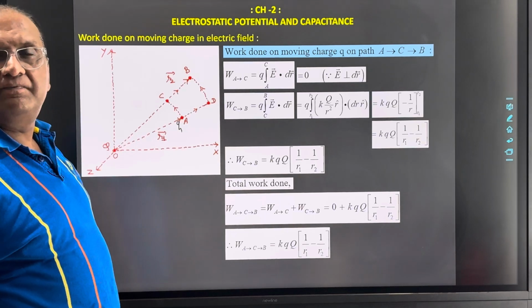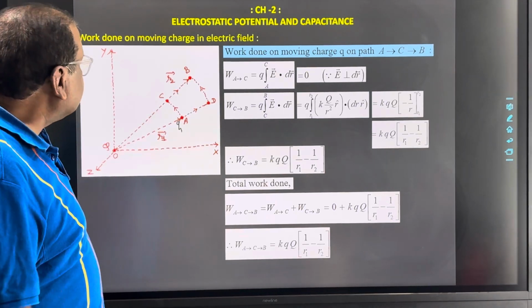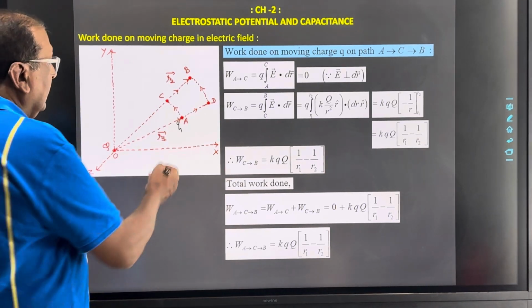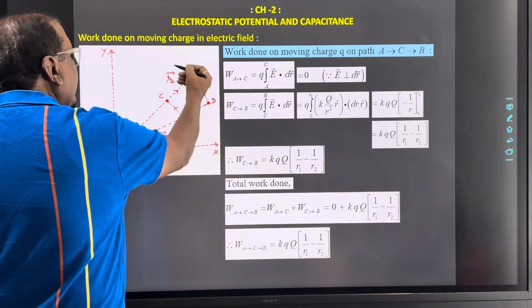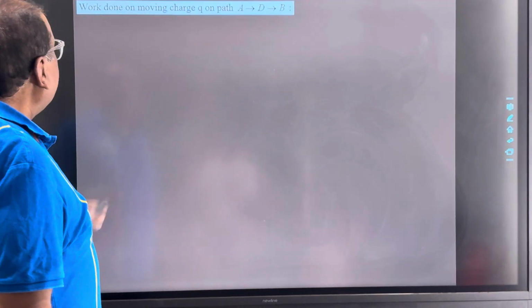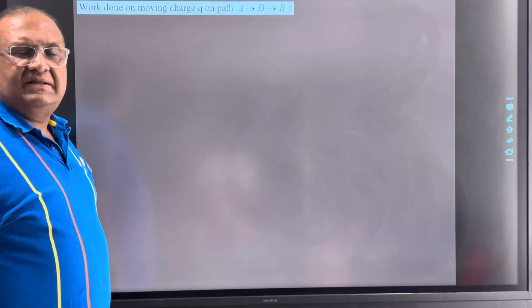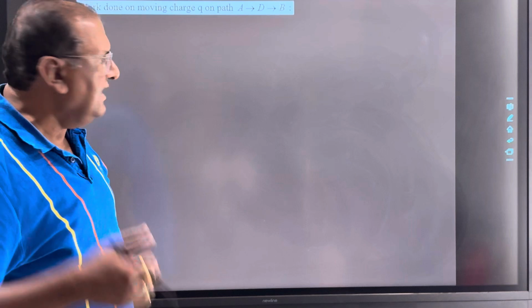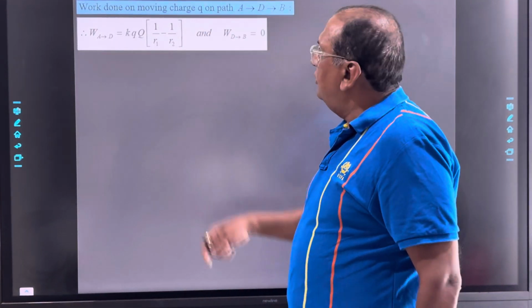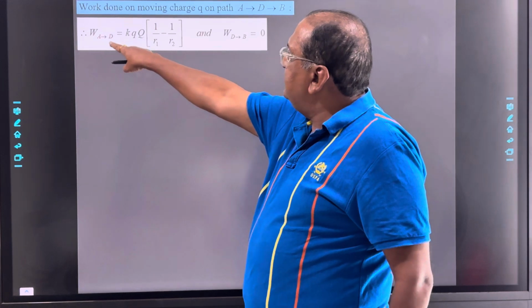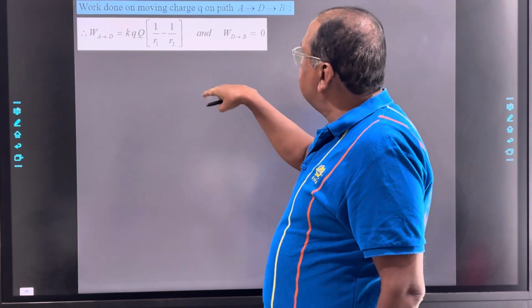Now let's discuss another path. Suppose charge q is moved from A to D and D to B. So work done on moving charge q on path A, D, B. First we will calculate A to D. A is at a distance R1, D is at distance R2.